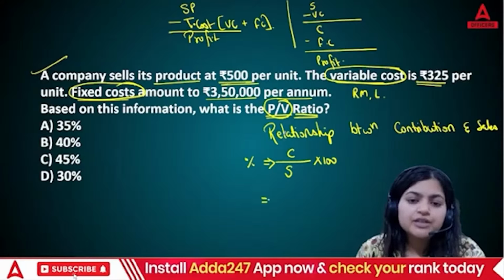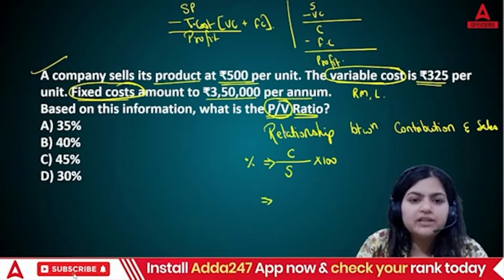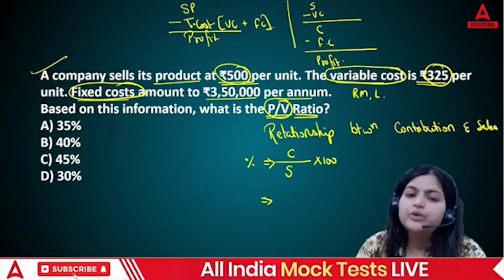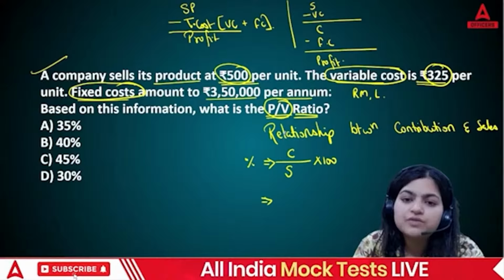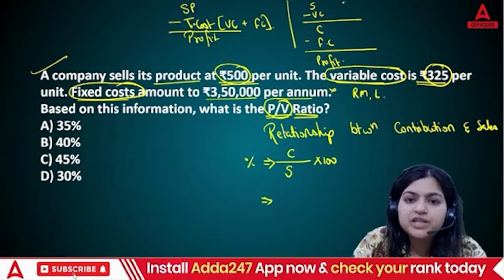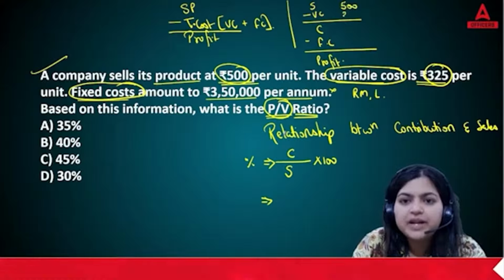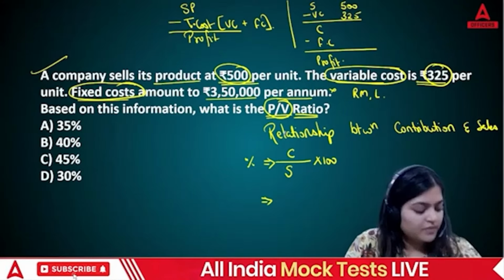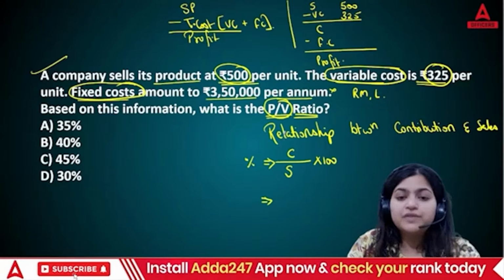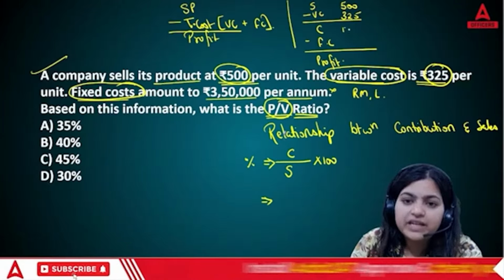So here sale is equal to 500, variable cost 325, fixed cost. Are you going to use your fixed cost? No, this is just one extra piece of information. So contribution is equal to 500 minus 325, which gives you 175.